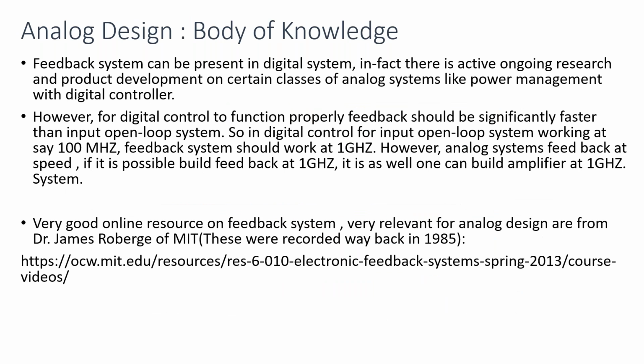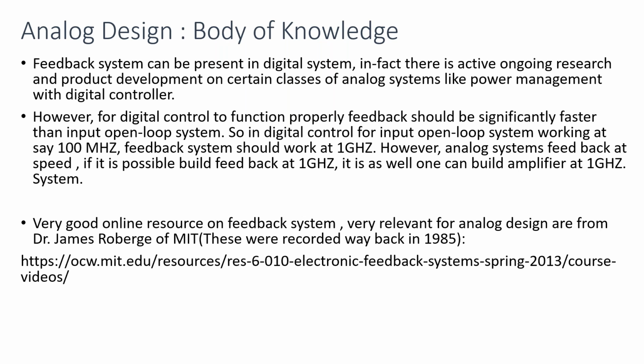When I say feedback system, there are digital feedback systems also, and in fact there are some modern analog power management systems where people are developing products and doing research with digital controllers. And if you see some high profile cases like the Mars rover or recent lunar missions, they all use digital control.